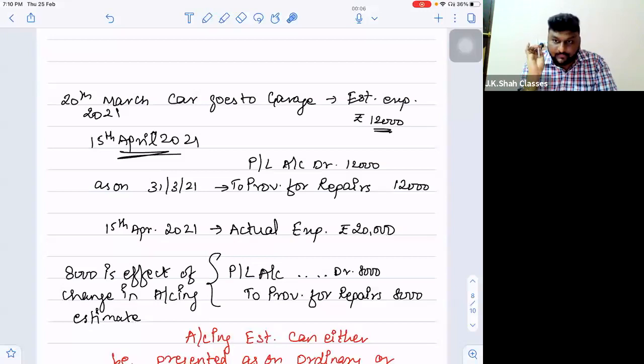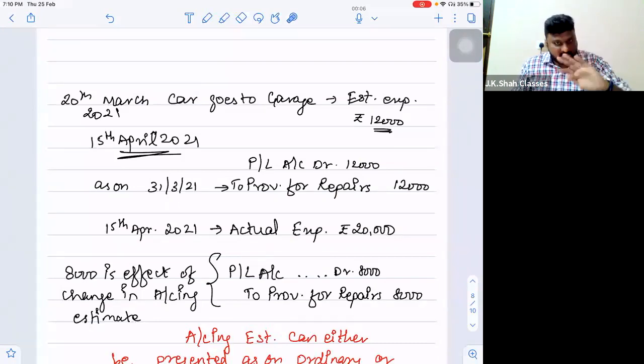Right? Now, my question is, when you give the effect of change, that is when you increase the provision by 8,000 rupees, where will this 8,000 now be classified? Ordinary or extraordinary? Are you understanding my question? You said that this 12,000 first estimation that you made will be classified as ordinary.